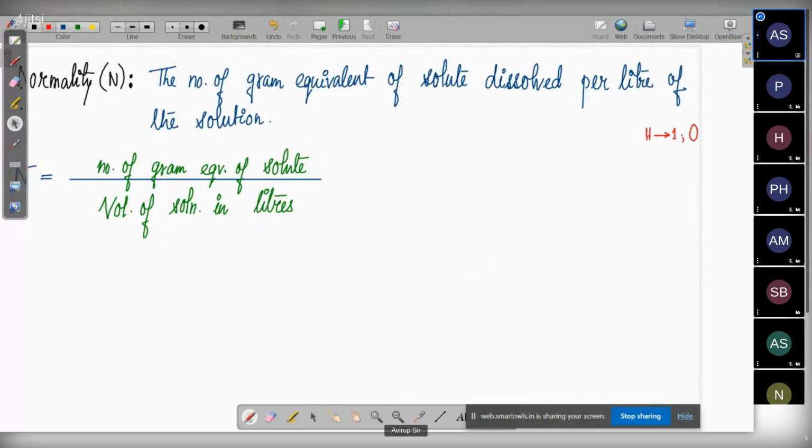Then for oxygen the mass number is, what is the mass number of oxygen? 16. Correct. Mass number of carbon? 12. Mass number of nitrogen? 14. And mass number of sulfur?